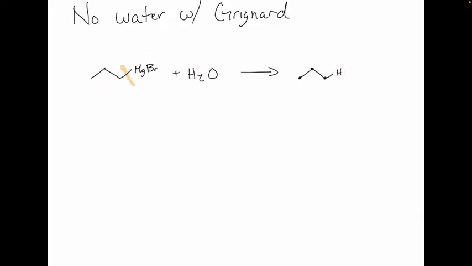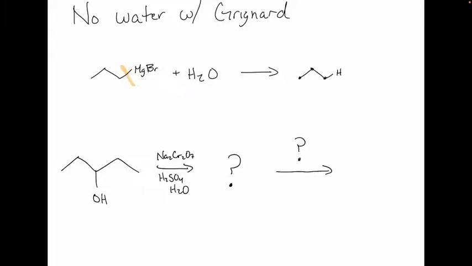All right, so we got a little bit of time. Let's do a little bit more practice here. This time you're going to tell me what's missing here. And then what Grignard would I need?